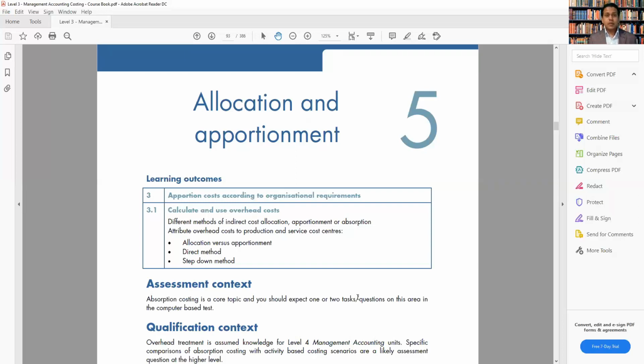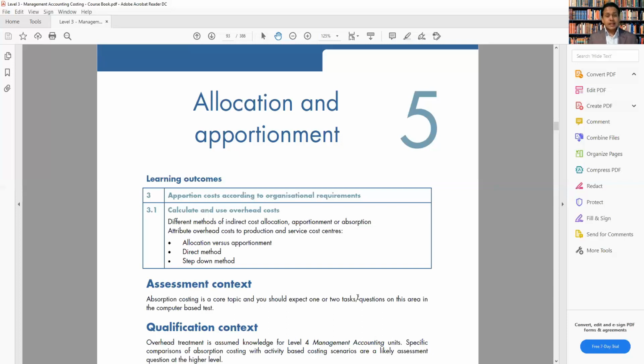Let's say everyone uses the gas, electricity and business rates. When the gas and electricity bills come, if you give all this cost to the production department only, that will not be very fair, because other departments like sales and marketing, the admin department, maybe the canteen, are not bearing any cost.